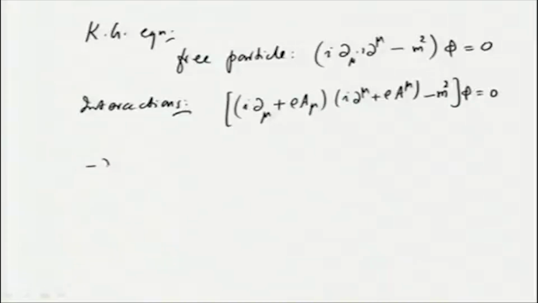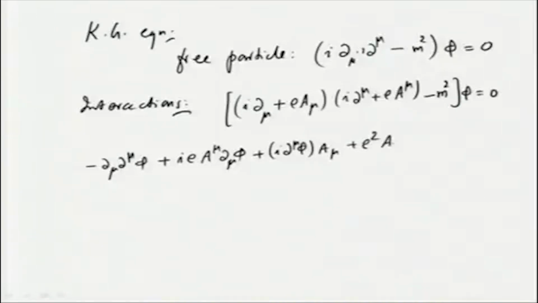Expanding, this will give you minus del mu del mu phi plus i e A mu del mu phi plus i e del mu A mu phi plus e squared A mu A mu phi minus m squared phi equal to 0.